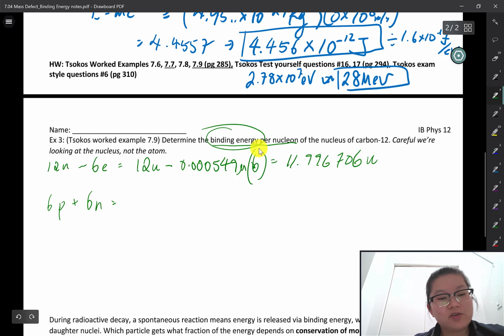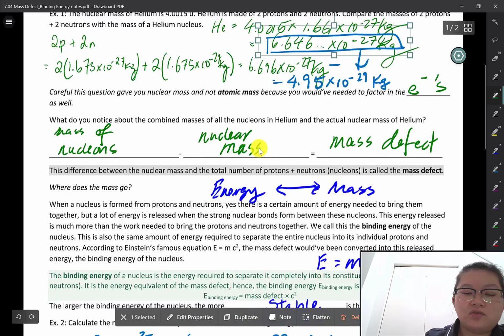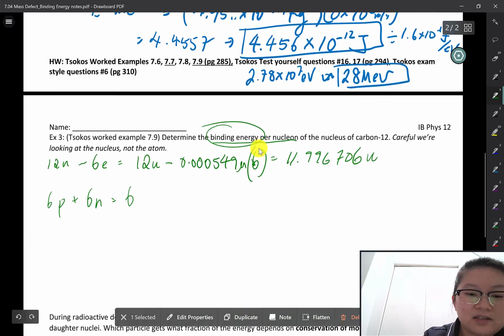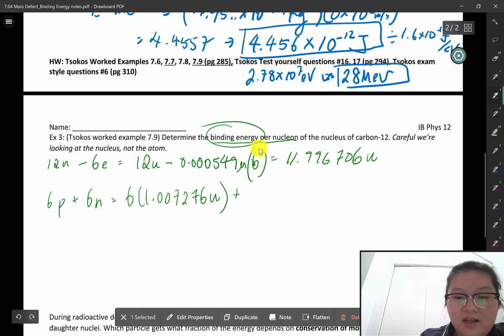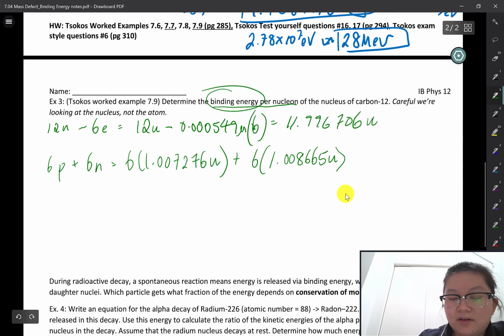So 6 protons, every proton is going to be 1.007276 atomic mass units. And then for a neutron, this is also going to be 1 point something: 1.008665.